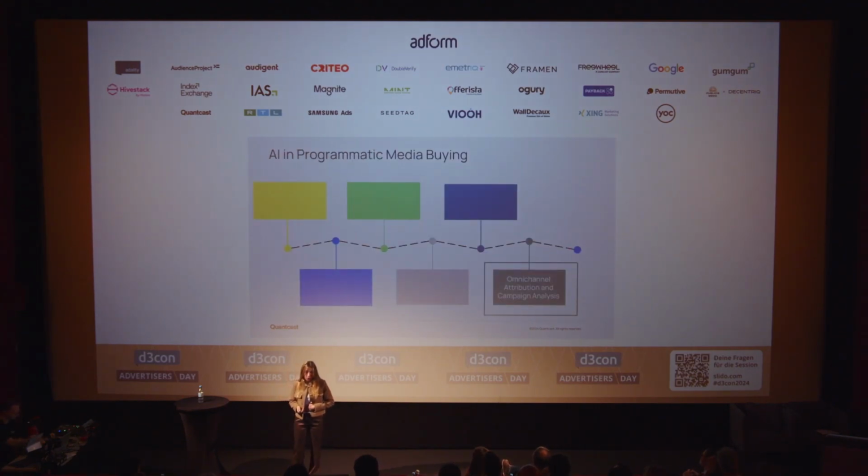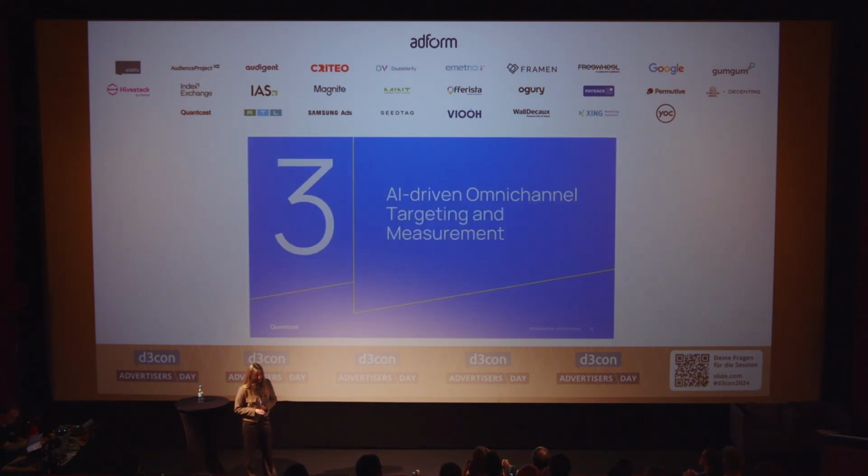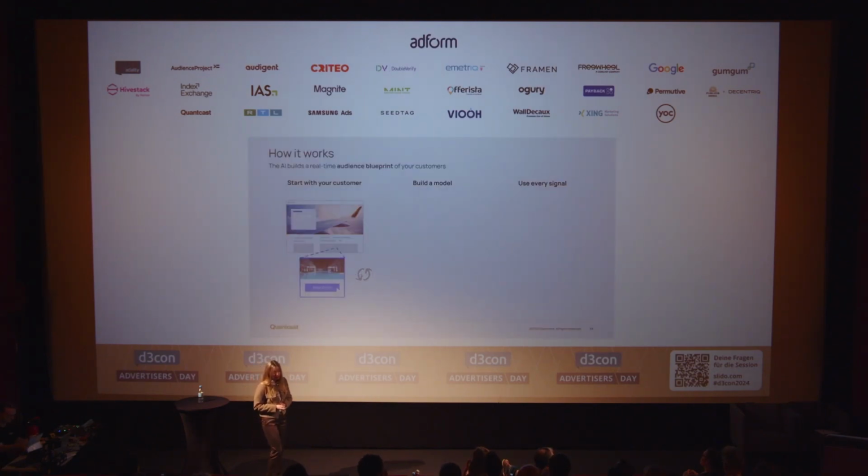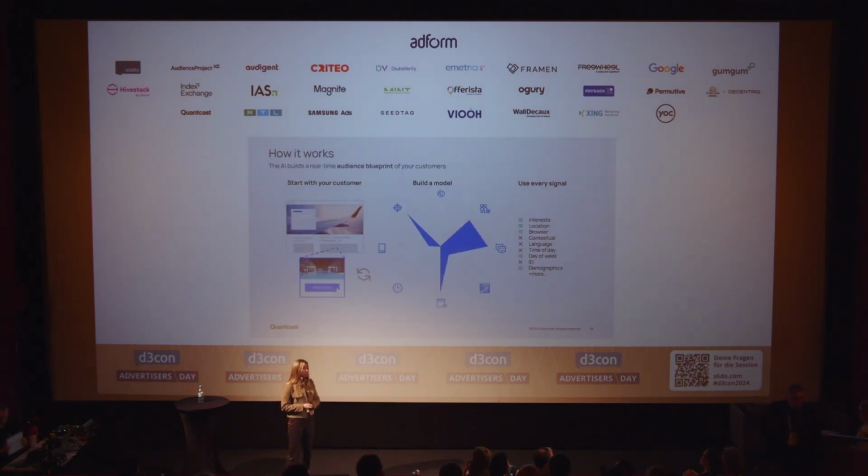Let's come to the last part, which is the whole omnichannel part, where I want to bring also something like CTV into the mix. I showed you this earlier, how AI can be used in order to process multiple different signals.